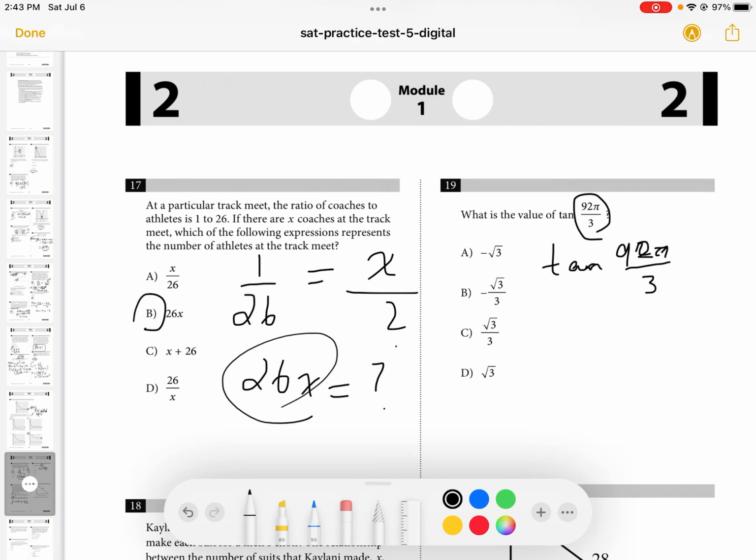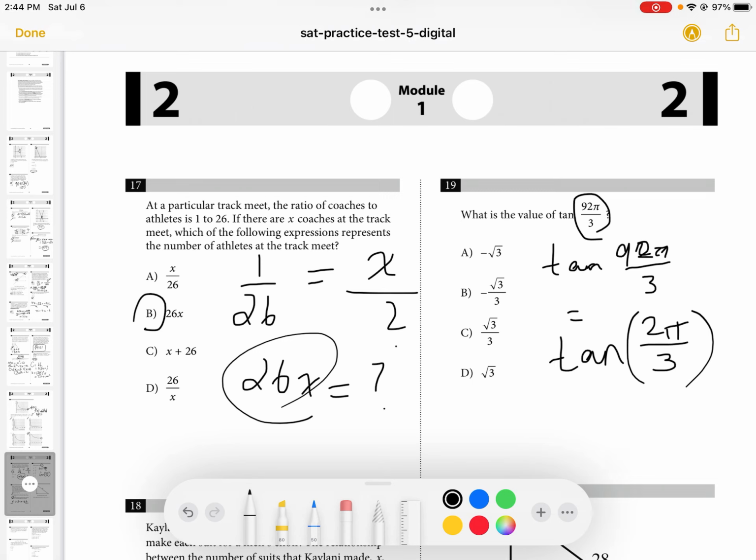So we can subtract a multiple of pi from this to get a value that is less than pi. So tangent of 92 pi over 3 is actually equal to tangent of 2 pi over 3. Right? Based on that.